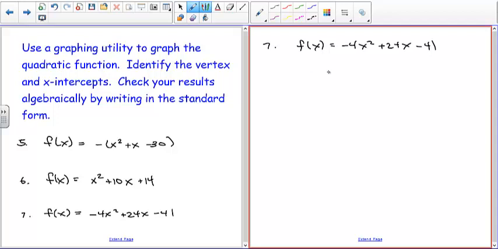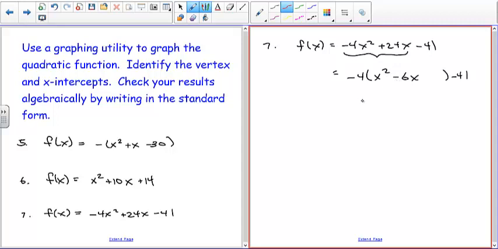Okay, so what we're going to do is take these two terms, like we normally do. We're going to factor out a negative 4 of both terms. When you factor out negative 4, you're just left with x squared. Here, you're basically dividing by negative 4, which 24 divided by negative 4 is negative 6. And then we have this negative 41 outside the parentheses.